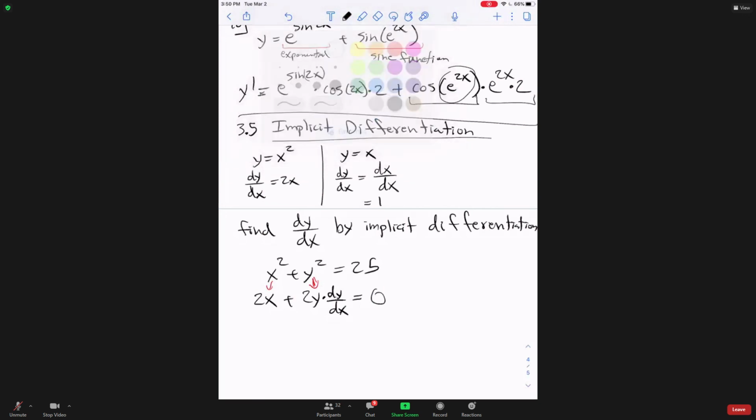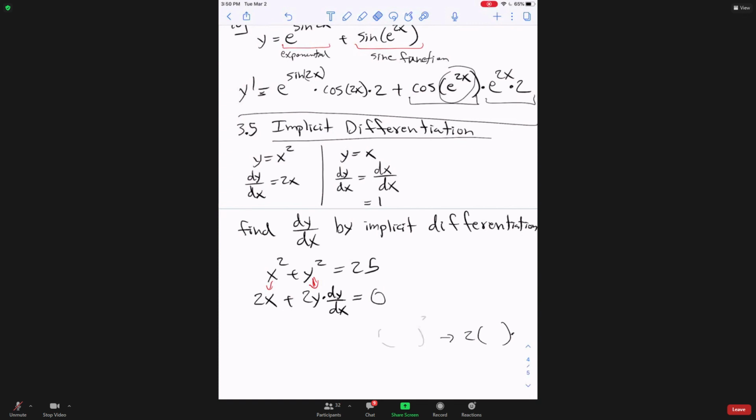If I asked you to take the derivative of something squared, you would say it's 2 times that something times the derivative of what's inside. Normally, you know what the derivative of the inside is. Here it's y. Well, what's the derivative of y? I have no idea what y is. I could have solved for y in this case, but in some other problems later you won't even be able to solve for y. So you just call it dy over dx. It's like to be determined.